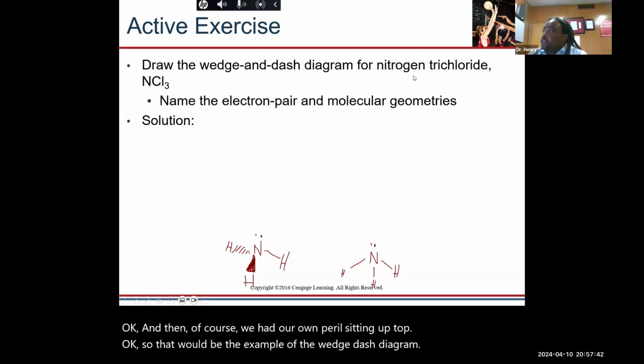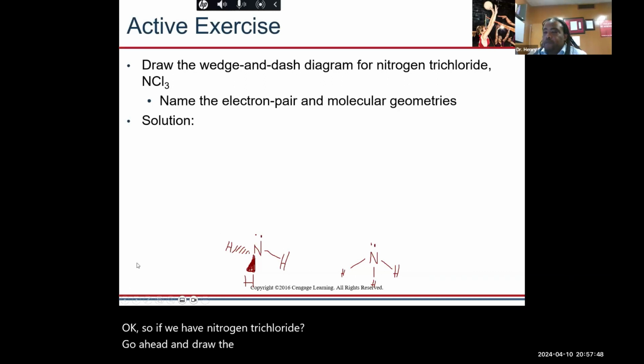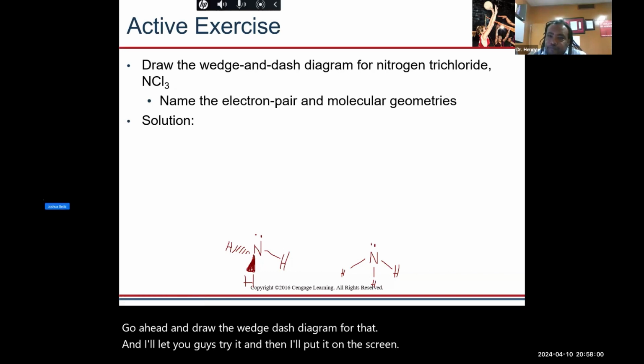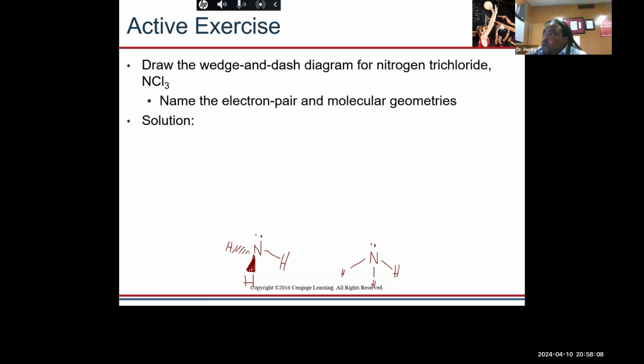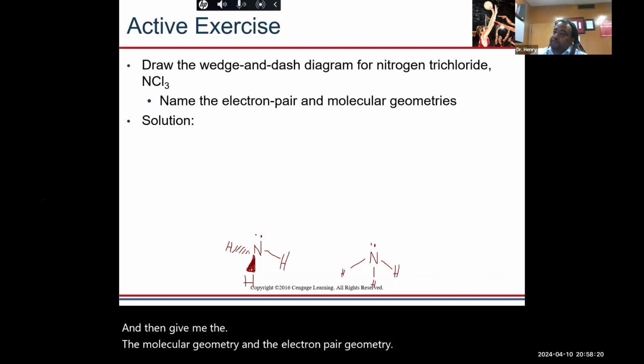Okay, so if we have nitrogen trichloride, go ahead and draw the wedge dash diagram for that. And I'll let you guys draw it, and then I'll put it on the screen. And then give me the molecular geometry and the electron pair geometry. So put your hands up when you guys are ready.